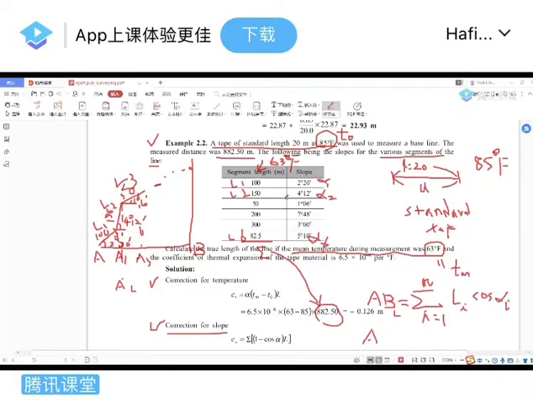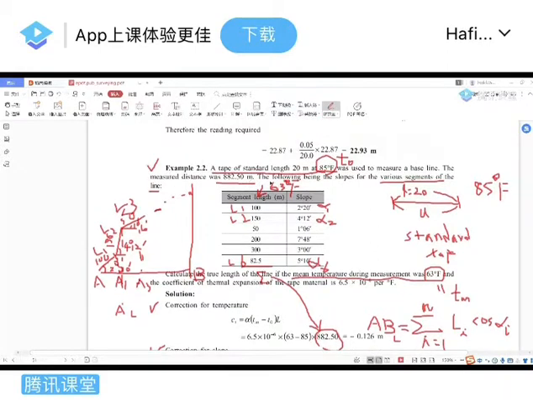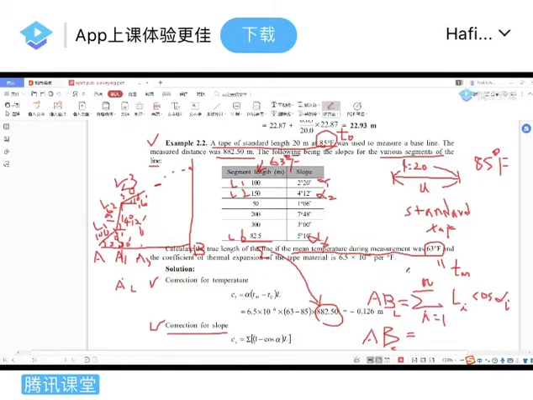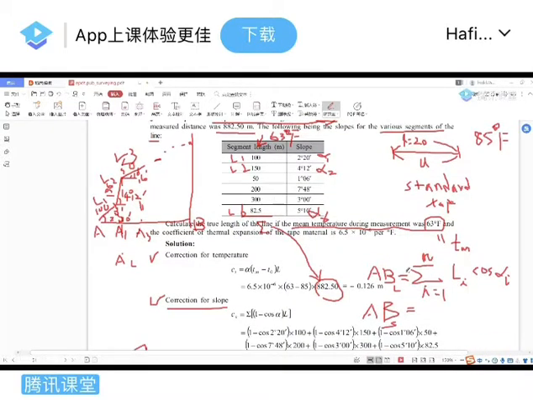Okay, and then now you have to convert all this into a standard one. So AB, you are going to convert into the standard one. My principal idea is you have to correct your tape first, or you can correct the whole measurement straight away.